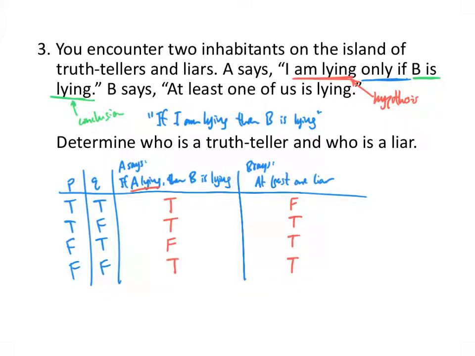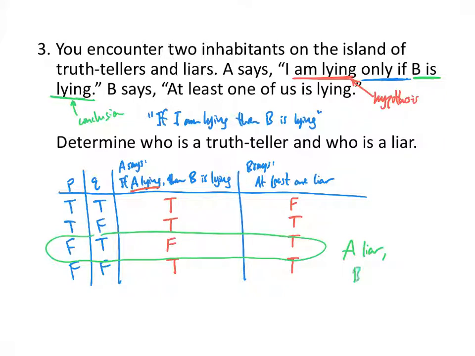And so now we're looking for a consistent row, and the only consistent row that we see here is this third row, where A is a liar and B is a truth teller. So A is a liar, B is a truth teller, is the solution to our puzzle.